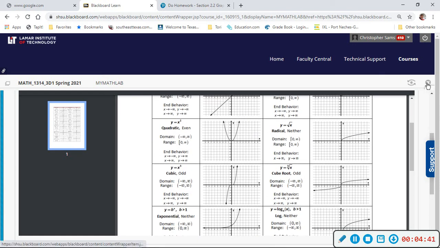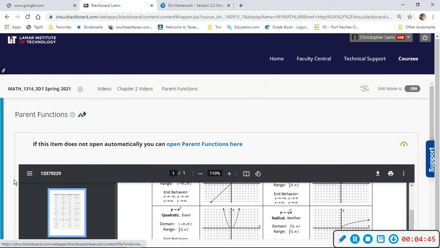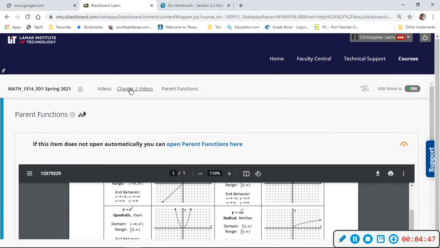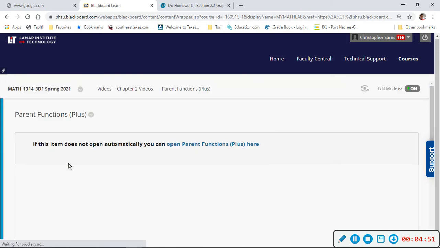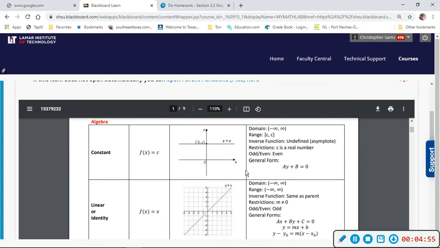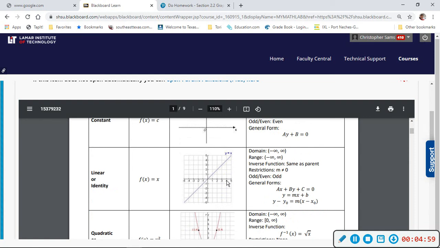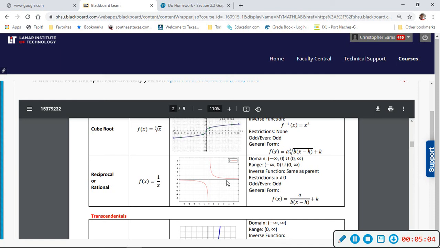Let me close this. I also added a parent functions plus in this folder. This is one that another person made, and it gives a little bit more detail, and it's in color, which I like, but it has a whole lot more.